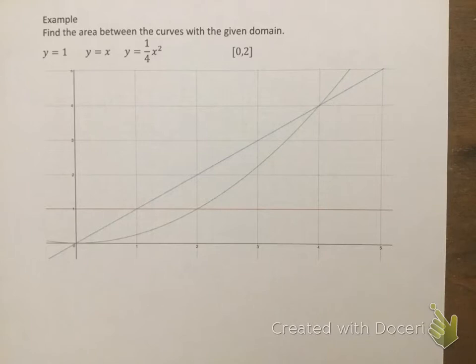So our question is asking us to find the area between the curves y is equal to 1. That's this horizontal line right here. Between y is equal to x. That's this blue curve right here.